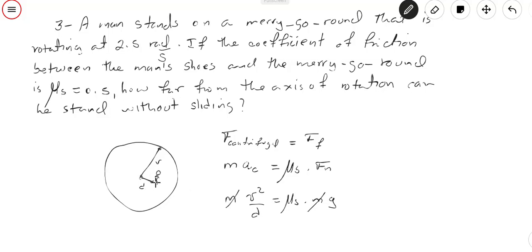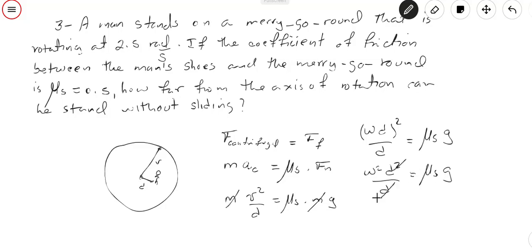So if p is the linear velocity, the tangential velocity of this guy here with respect to the center of rotation, then I will replace this by the product of the angular velocity times the distance d. So I can say that w times d square over d is equal to mu sub s times gravity. So this is w squared d squared over d is equal to mu sub s gravity.